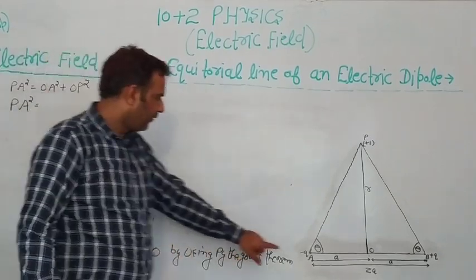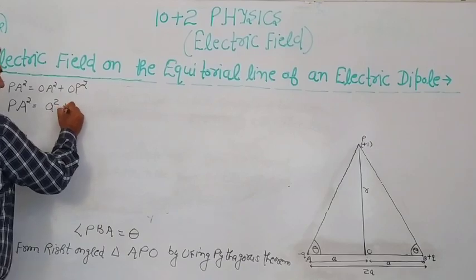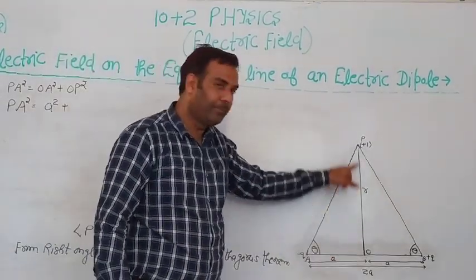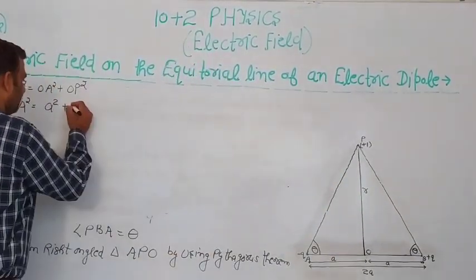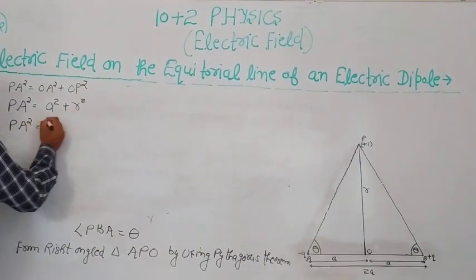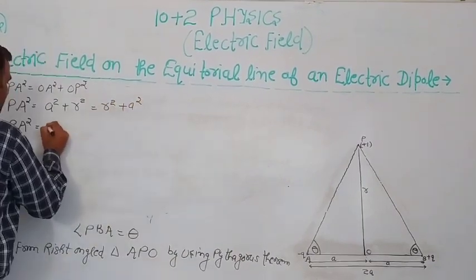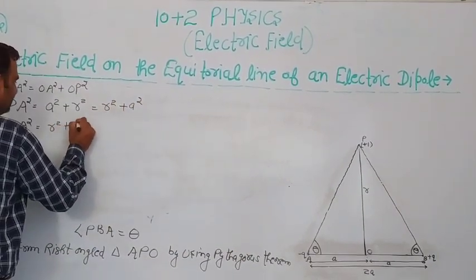From here, what is the value of OA? Small a. And what is the value of OP? Small r. So PA square is equal to r square plus a square.